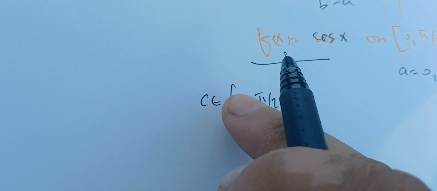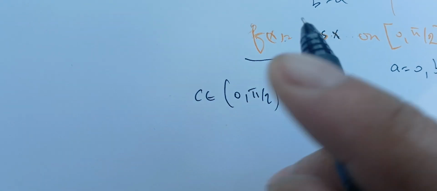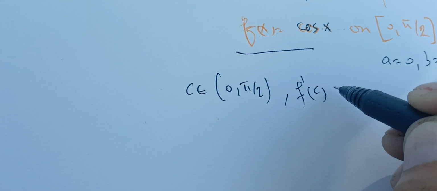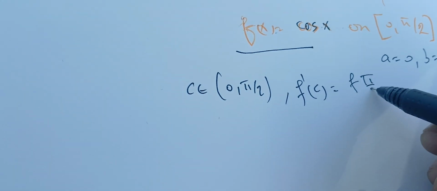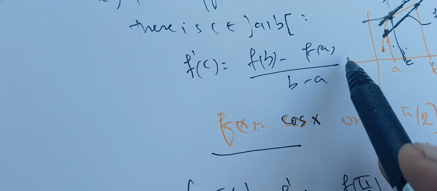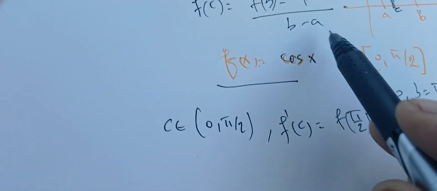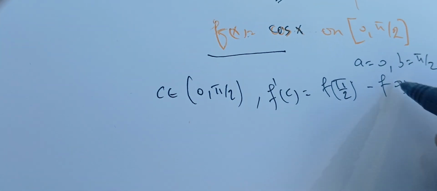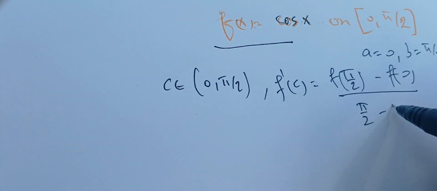That means c is not equal to 0 or pi over 2, such that f prime of c is f of b minus f of a, where b is pi over 2 and a is 0, so f of pi over 2 minus f of 0, over pi over 2 minus 0.